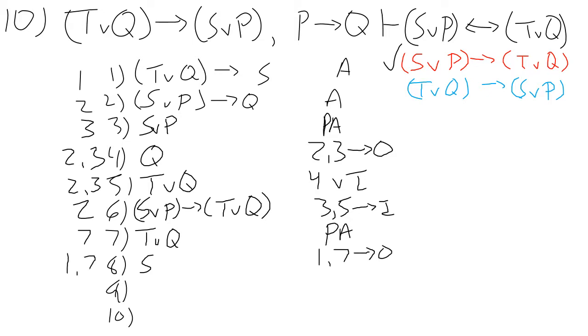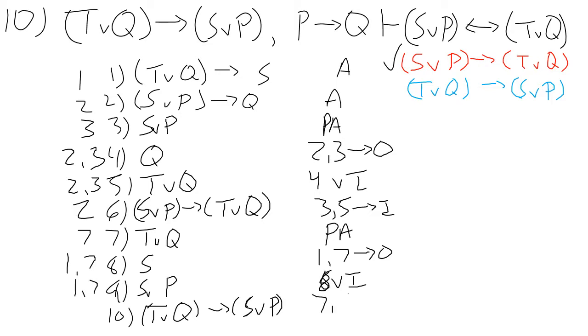Then, just as we did before, we wedge in our T, 8 wedge in. Then we get our arrow statement that we are looking to build from 7 and 9, arrow in.